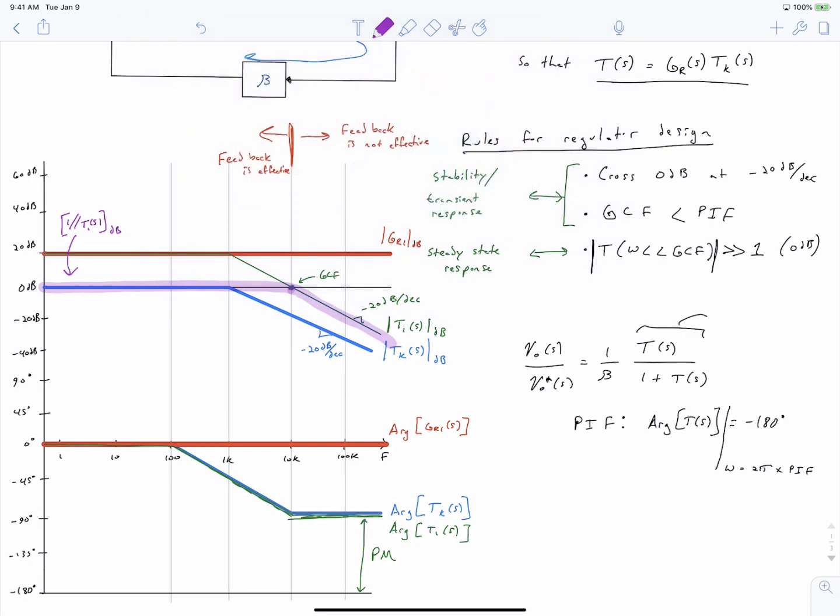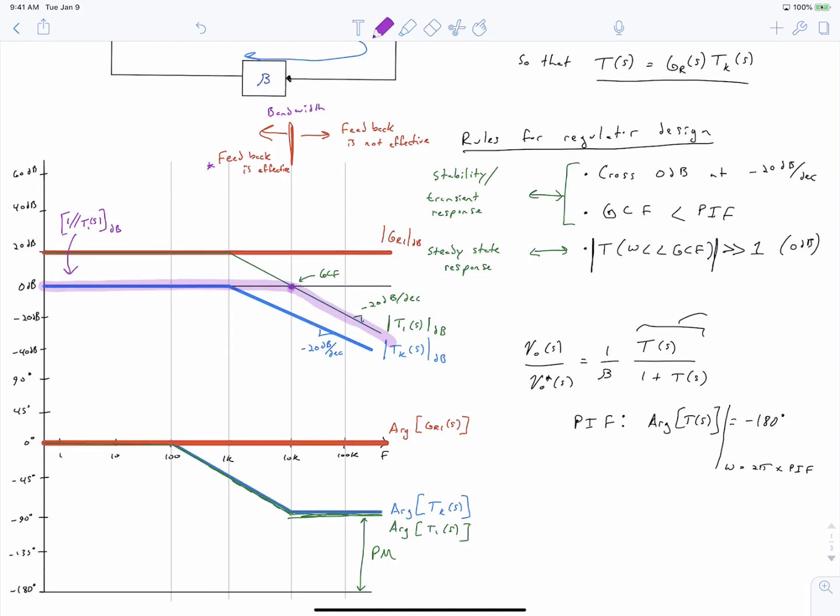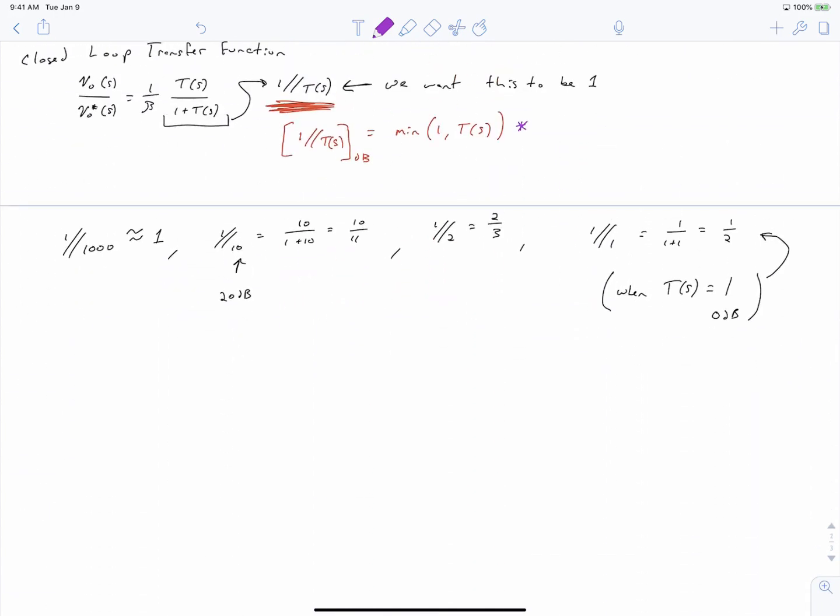We call this point right here, the point where the feedback stops being effective, the bandwidth of our regulator. So at frequencies below the regulator's bandwidth, we can say that feedback is effective. At frequencies above the bandwidth, the feedback is clearly not effective. And we motivated all of that by this discussion of having 1 in parallel with a transfer function, by evaluating what that actually looks like for different values of our loop gain.